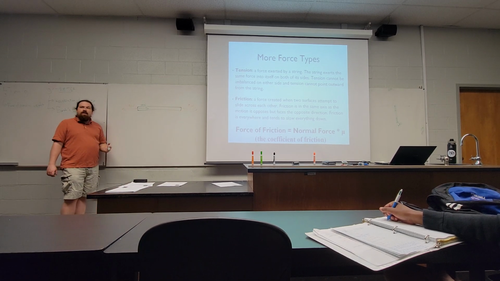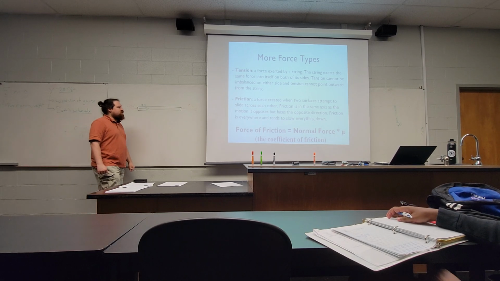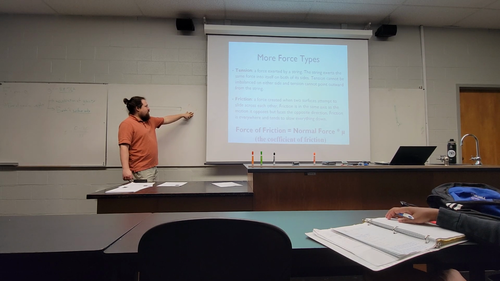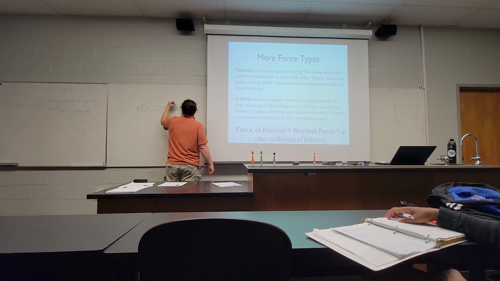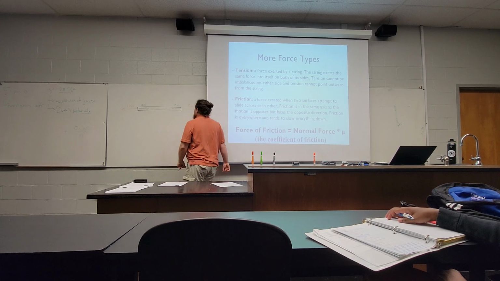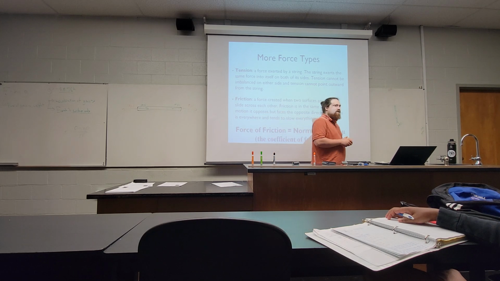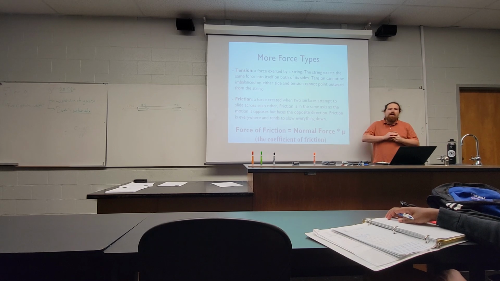But that's only on this side of the rope, because on the other side of the rope, something else, my other hand, is exerting a rightward pointing force. And as a response, the other end of the rope will pull in the opposite direction. So on either end of its own length, it's pulling in two different directions simultaneously.